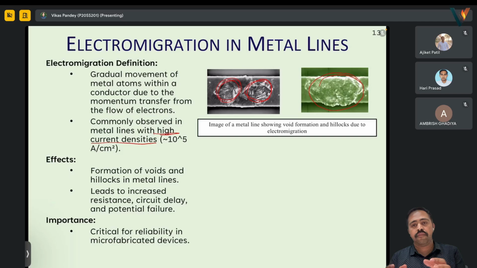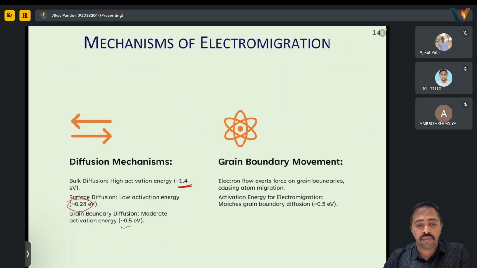One is diffusion mechanism, that is bulk diffusion or surface diffusion, or grain boundary diffusion. And at what energy levels does it happen? Bulk diffusion occurs at around 1.4 electron volt. Surface diffusion around 0.28 electron volt, and grain boundary diffusion at around half electron volt.